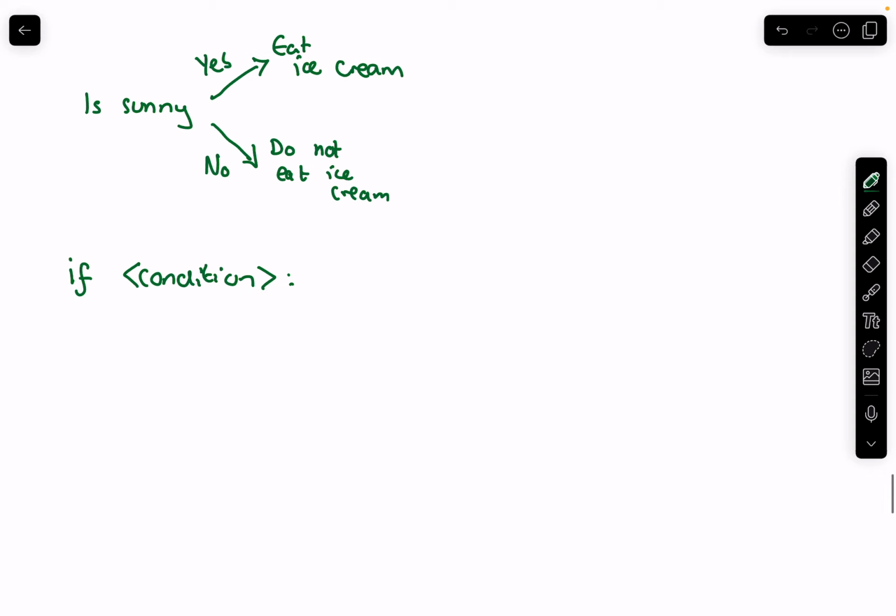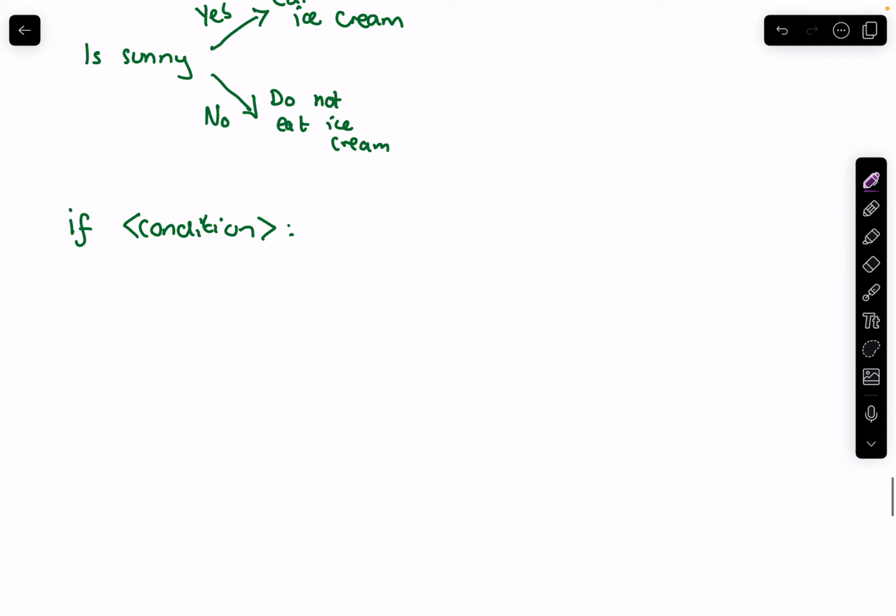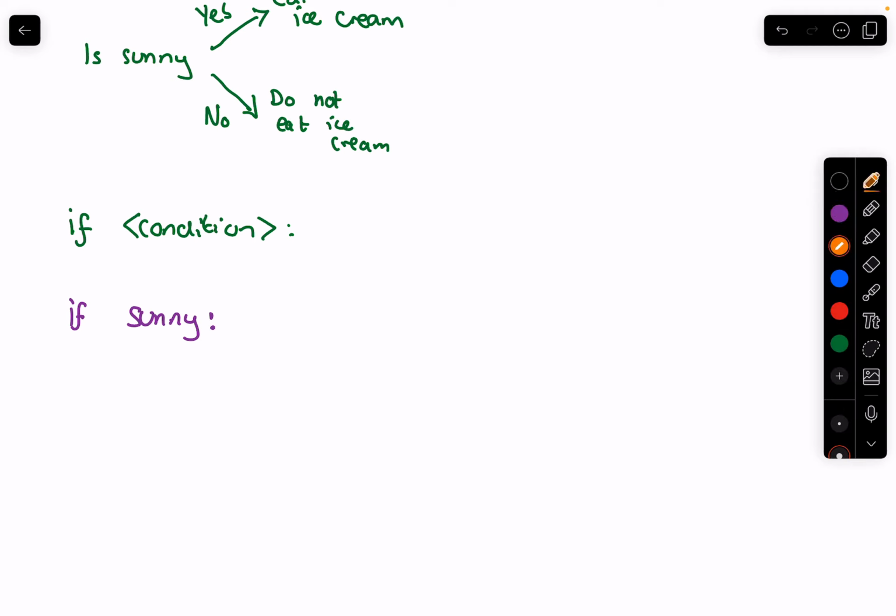So for example, we would have if it's sunny, and then all the code that we would want to run if it's sunny. So for example here, print eats ice cream. So that's what we would have here.